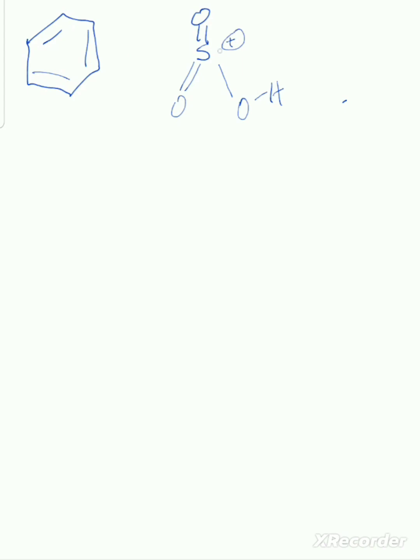So the second step is now, we said this is the benzene. Okay, this is the benzene. The first step we say, 1 pi bond of a benzene ring will attack an electrophile.